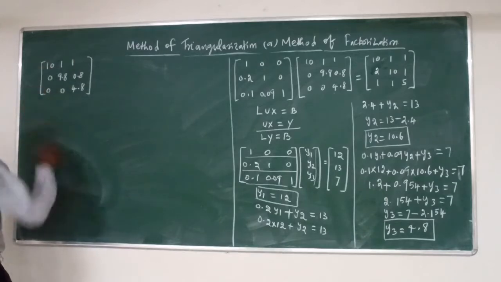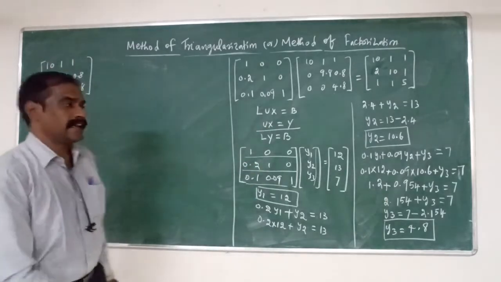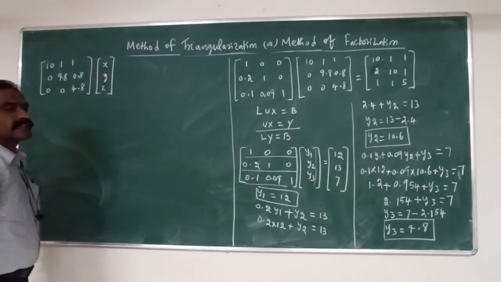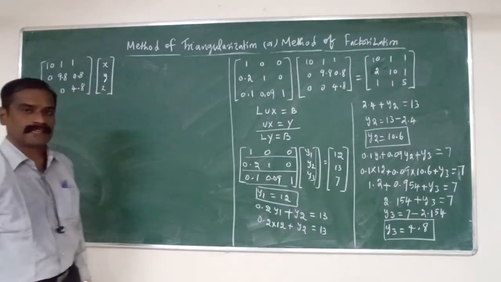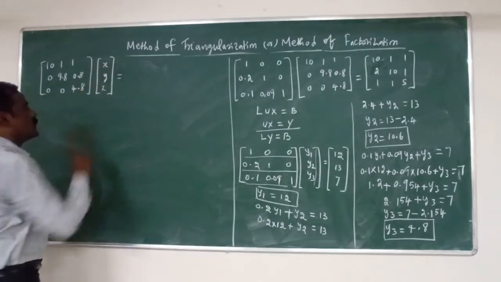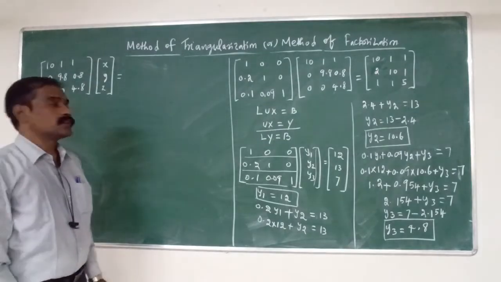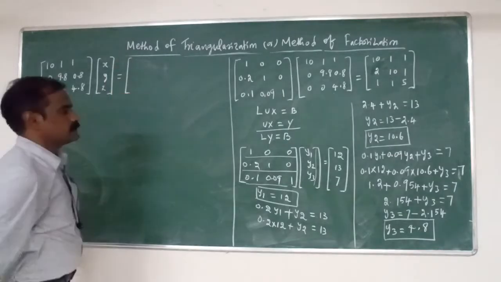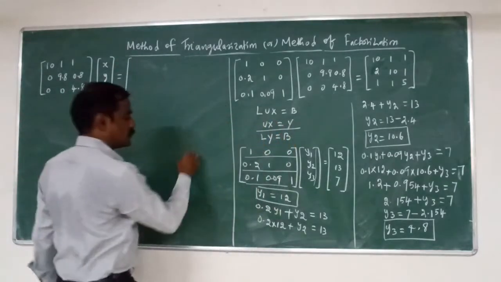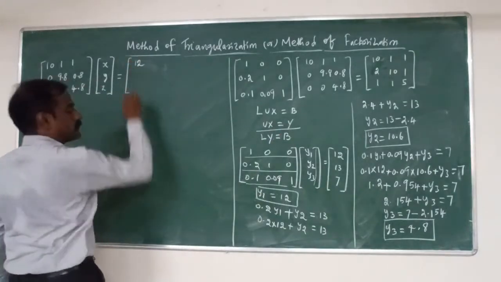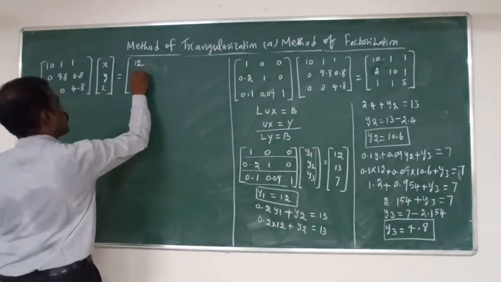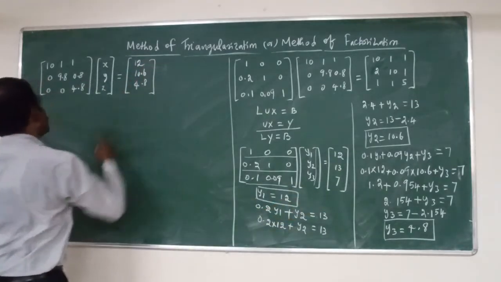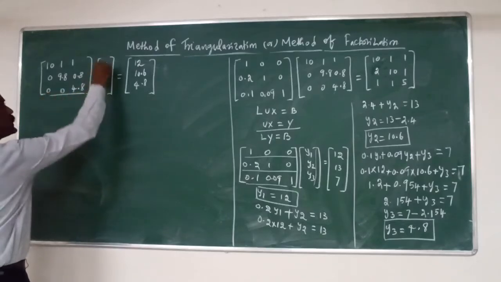This is for U. And for X we can use x, y, z, or we can use x1, x2, x3. x1 equal to x, x2 equal to y and x3 equal to z. Next, the Y value: here Y is Y1 12, Y2 value 10.6 and Y3 value 4.8.